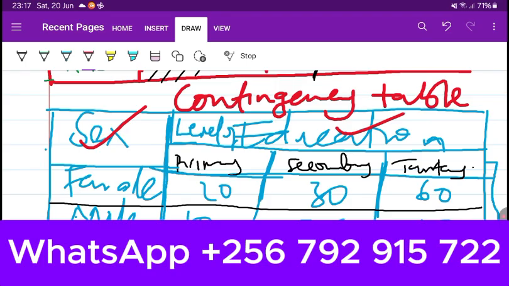So we need now to look at how can we categorize data that is in quantitative format. We are not going to be looking at things that are categorical, especially for a CPA level student. But I'm just creating a background for you to understand where we are heading.